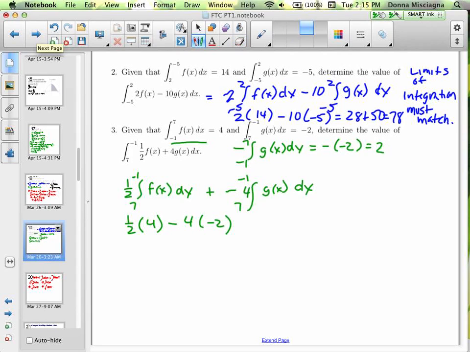And so that would give us 2 plus 8, and that's going to be 10. And you see, if we switched the other ones, we would have the exact same answer. And I think this one looks good. And that was all of them on this page.